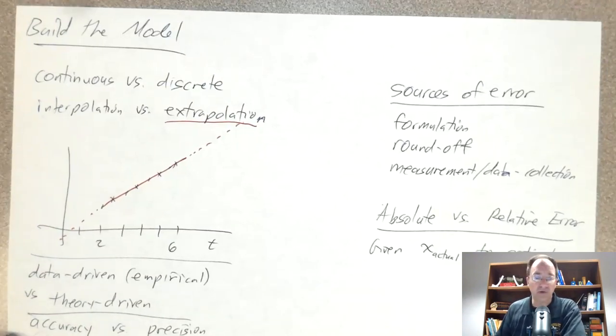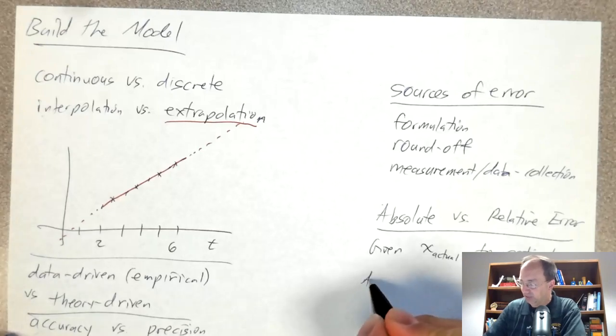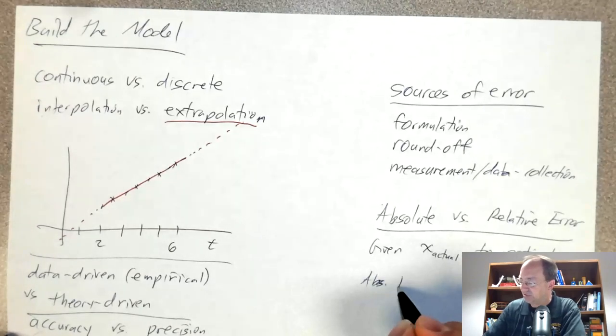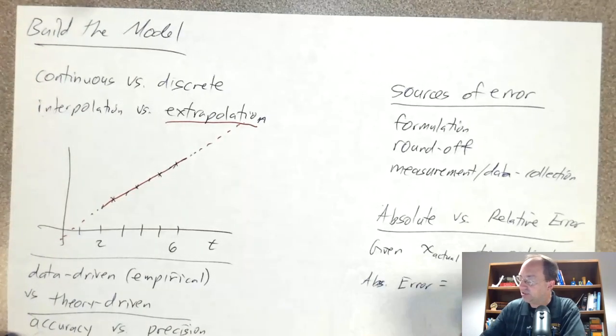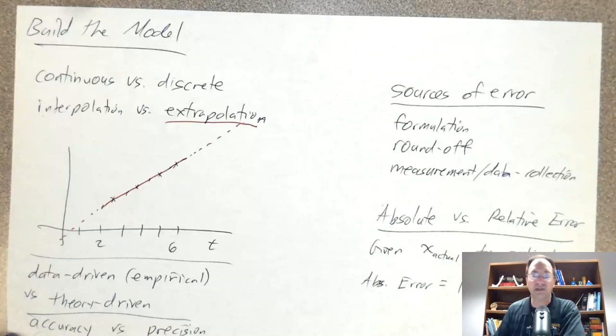We compare those two numbers, and the simplest comparison is to just do the absolute error. So the absolute error is just X actual minus whatever my estimate was, which I'll call X estimate.